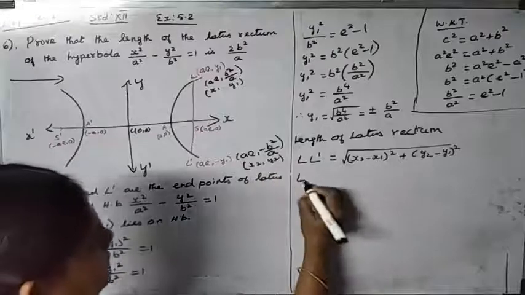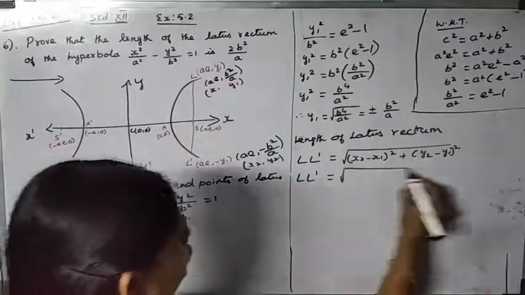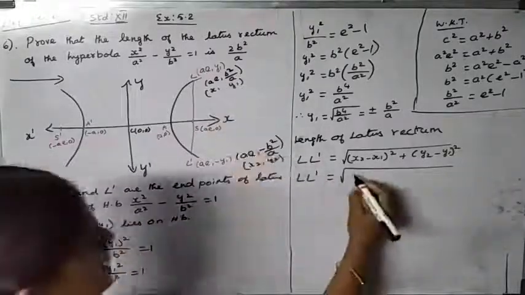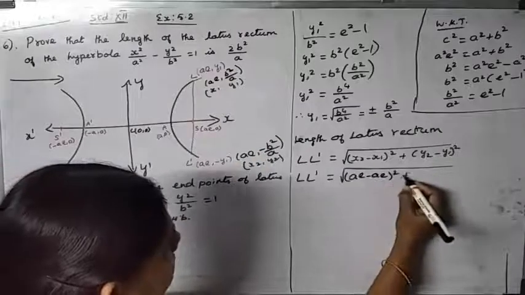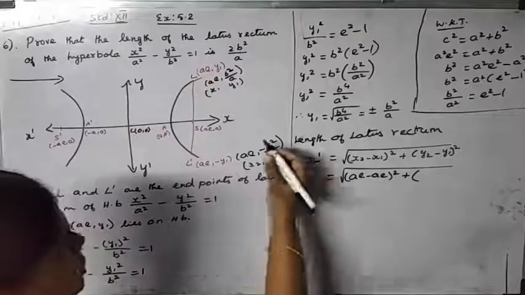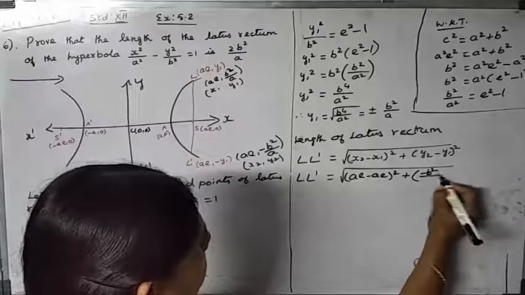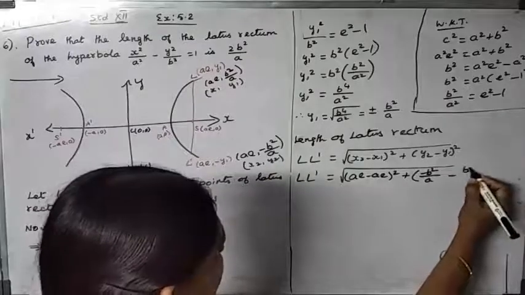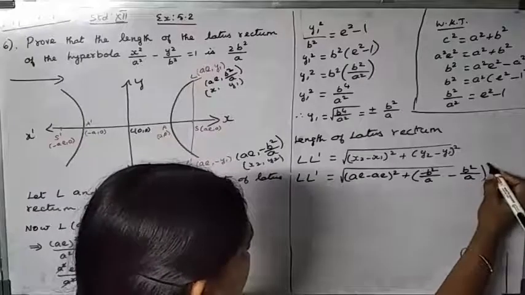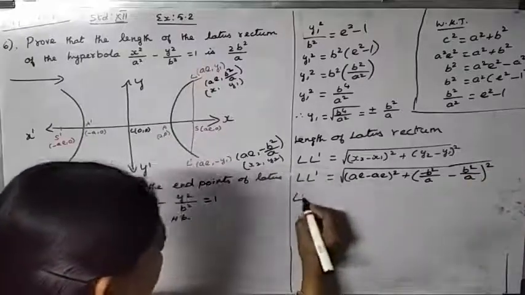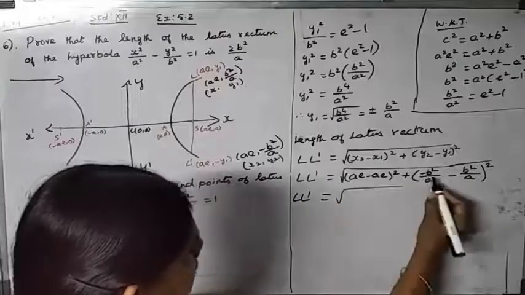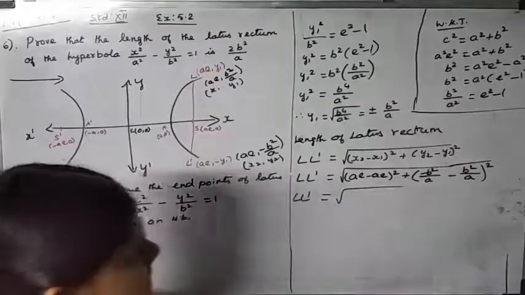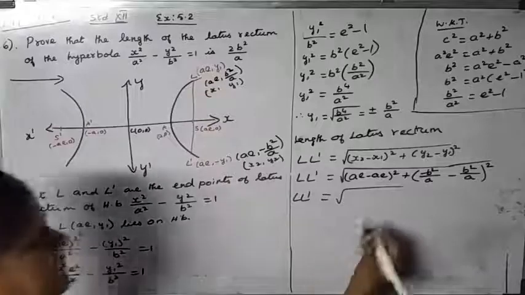Now substitute here. L dash is equal to square root of (ae minus ae) the whole square plus (y2 minus b square by a, minus b square by a) to the whole square. So L dash is equal to, now this becomes 0, and add these two with the LCM, that is the denominator is the same.